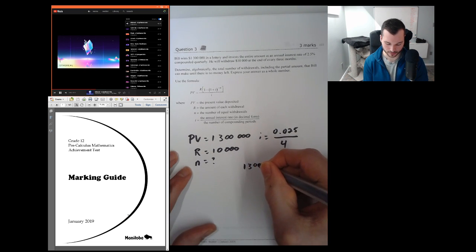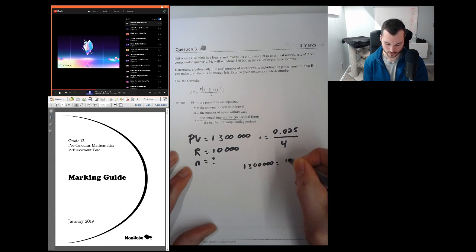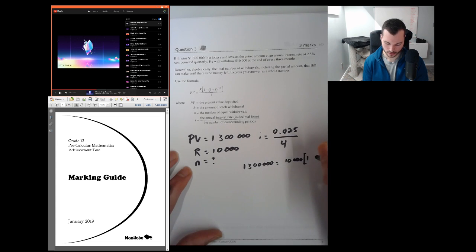So I'm just going to plug it in. One minus, and it's going to be 1 plus i. I'm just going to leave it as i right now. I'm going to put in i afterwards, but I don't want to run out of room. Minus n, all divided by i.